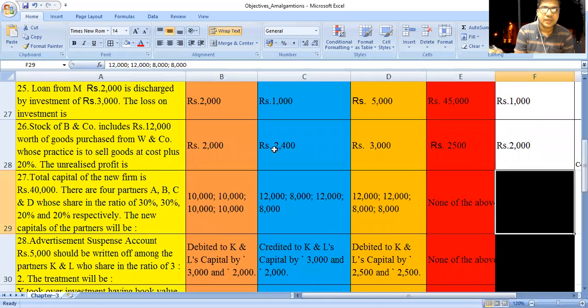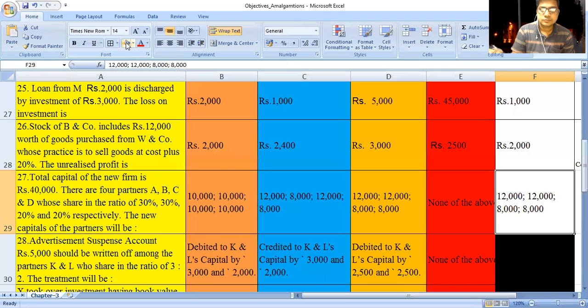Can you find out the answers? Option C: 12,000, 12,000, 8,000, 8,000. How many got this? Sahil got this. Yes, many got it, Kamal also, Nandan. Yes, it is very important to solve these kinds of sums.